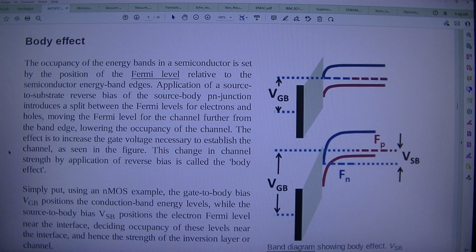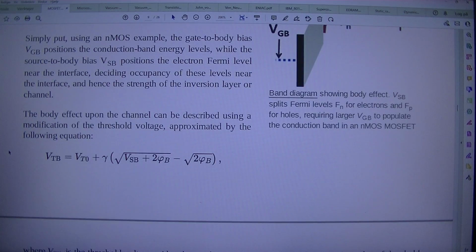Simply put, using an NMOS example, the gate-to-body bias VGB positions the conduction band energy levels, while the source-to-body bias VSB positions the electron Fermi level near the interface, deciding occupancy of these levels near the interface, and hence the strength of the inversion layer or channel.